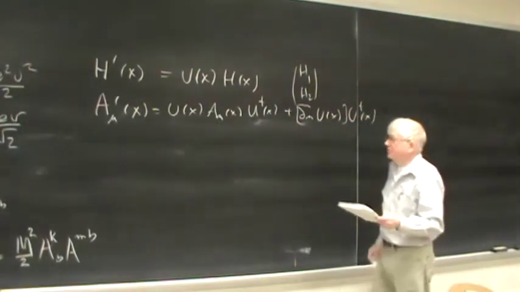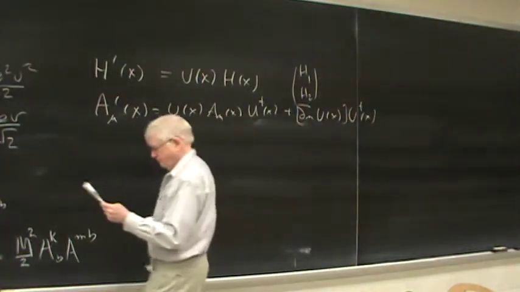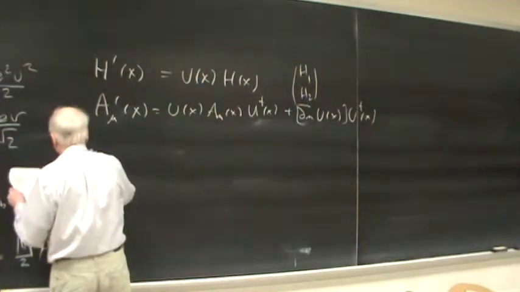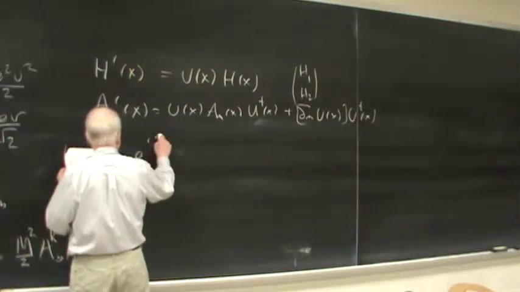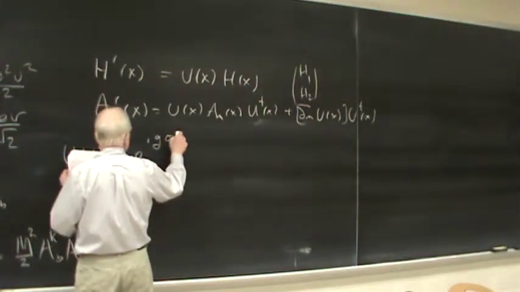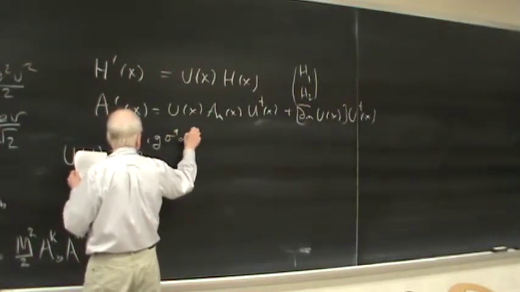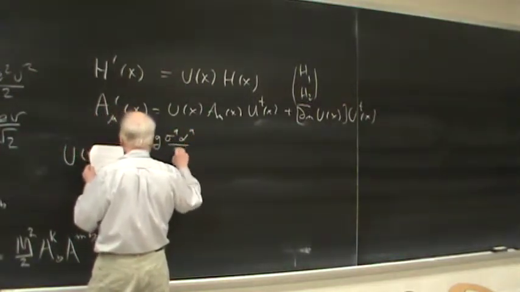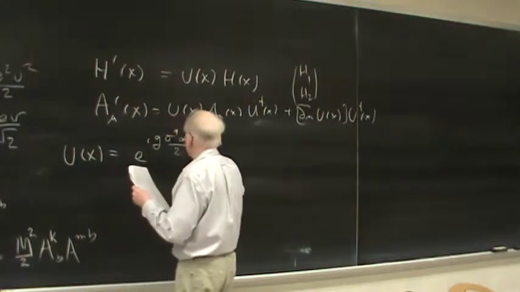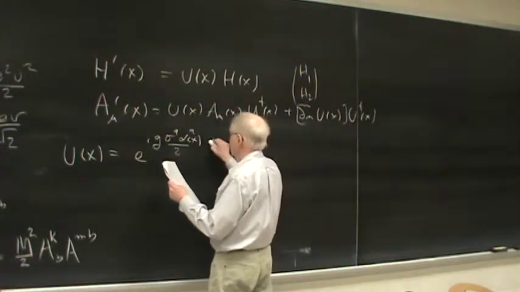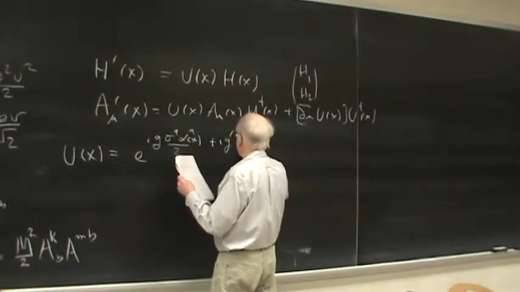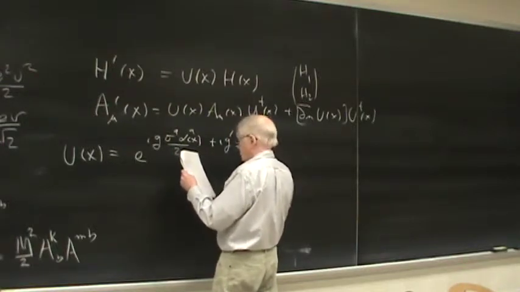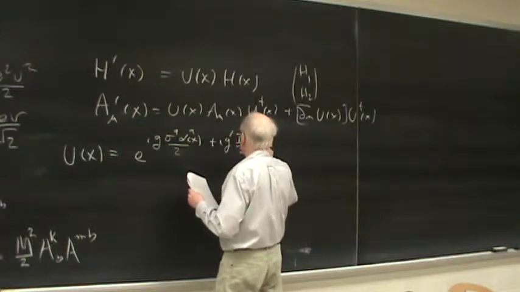And U of x now is e to the ig sigma a alpha a. The alphas are parameters depending on x, and then ig prime, the 2 by 2 identity matrix, beta of x.